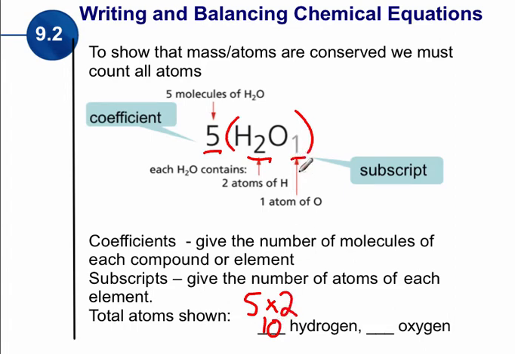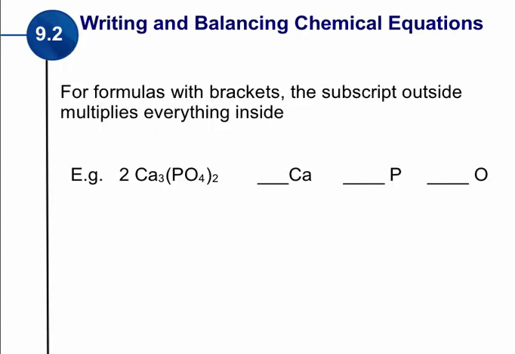There's 1 atom of oxygen in water and 5 molecules, so 5 times 1, and if you can do these numbers in your head, even better, we have a total of 5 oxygen. That's how we count the number of atoms, and it's very important to count the number of atoms as we work our way through to determine the balanced equation. So let's try one more here.